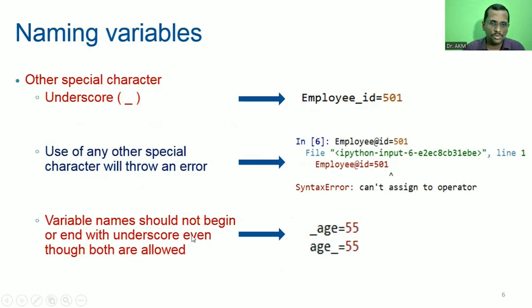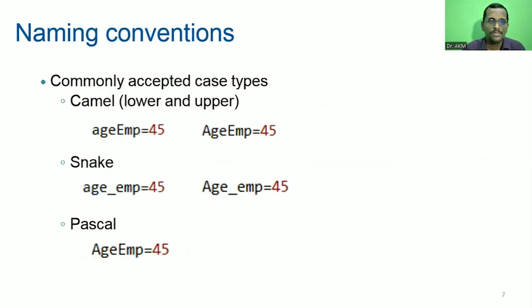A variable name should not begin or end with an underscore symbol. Starting and ending with an underscore is not recommended, even though it is allowed, but we can start the variable name with alphabets.